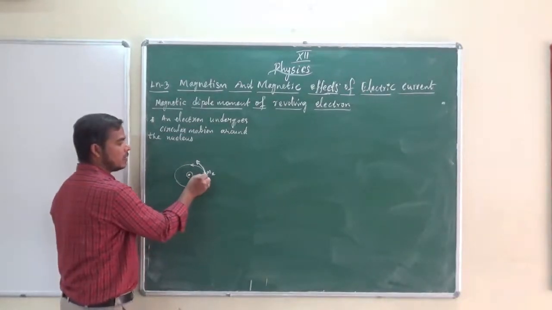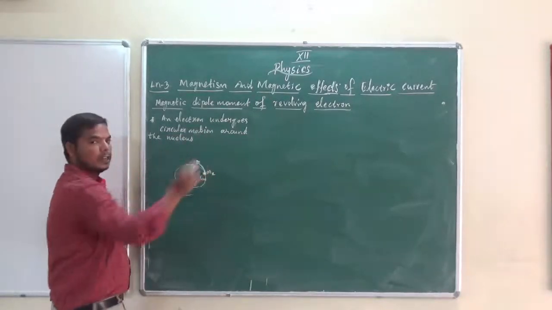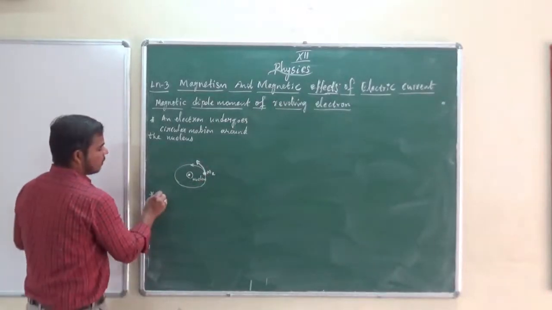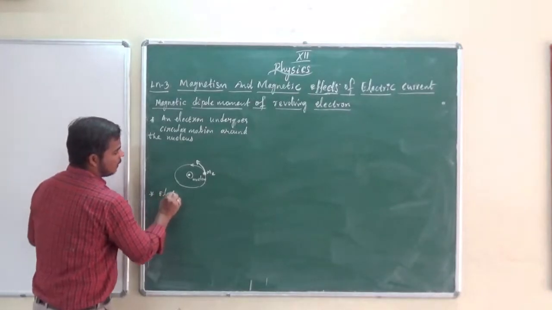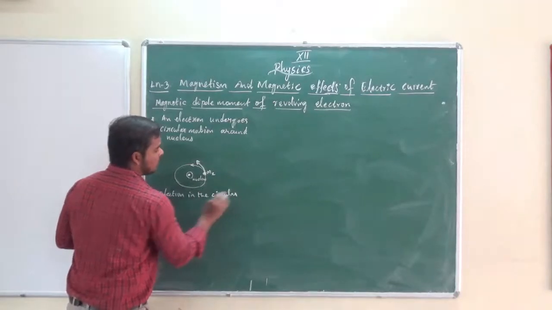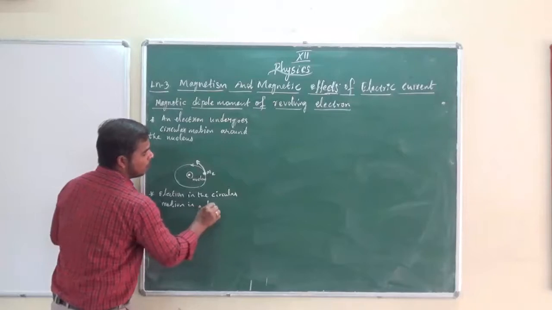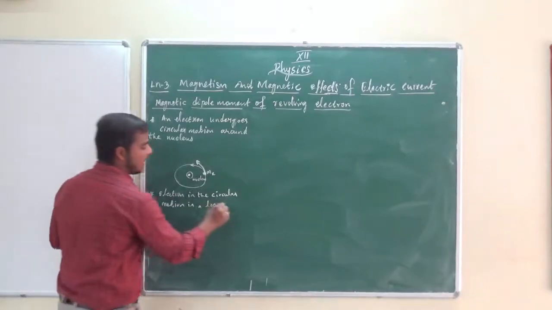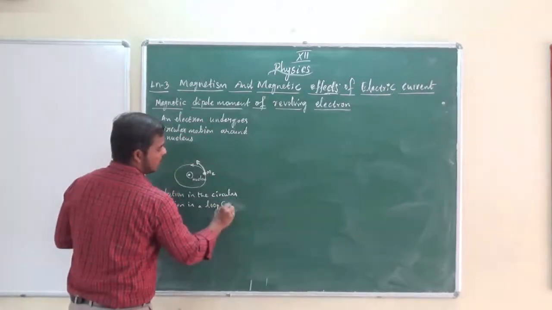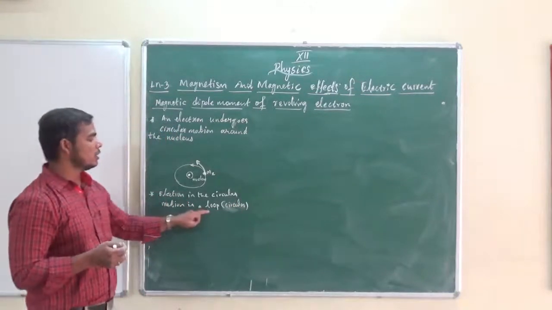The electron revolves around the nucleus, undergoing circular motion in a loop. The loop is circular.